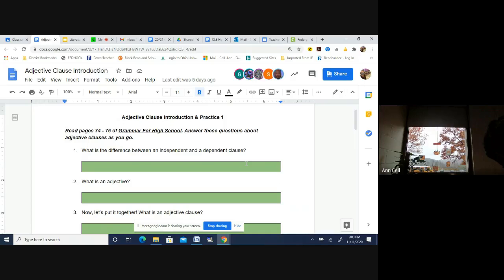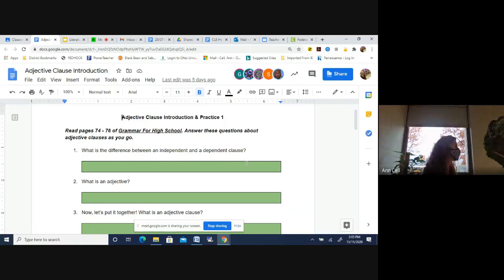Cheyenne, tell me, what is the difference between a dependent and an independent clause? An independent clause stands on its own. And a dependent clause? It does not. Okay. So an independent clause could be its own sentence. Yes, Reagan, success. A dependent clause, even though it has a subject and a verb, can't stand alone as a sentence.